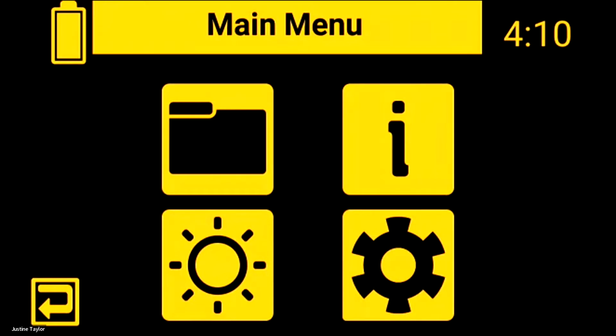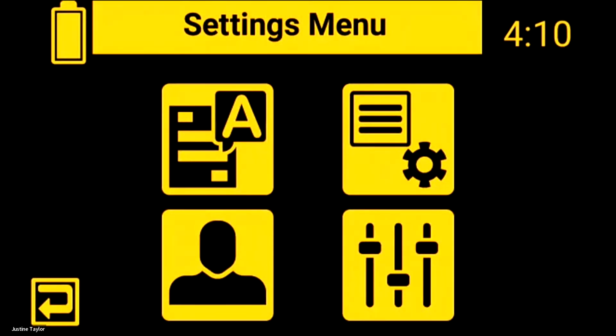Open file manager, your file folder, which is your file manager. Your brightness, change screen brightness. Your About this device, information about the device, and then Open settings. Settings is the bottom right corner of that square. Open settings. And then you're going to go to menu settings.